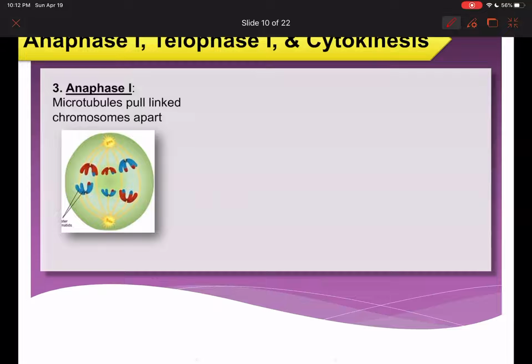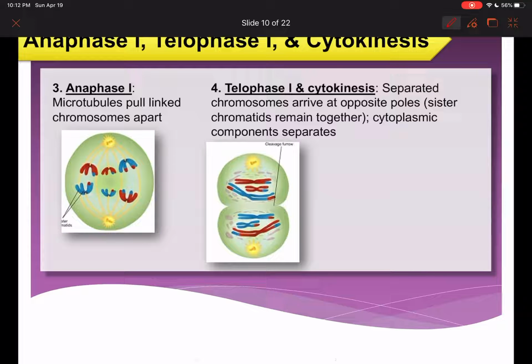The rest of meiosis 1 goes through the same events as mitosis, where you have anaphase 1, where the microtubules pull apart the chromosomes from the metaphase plate. Telophase 1 and cytokinesis are the same thing. You have your cleavage furrow formation with your actin filaments. Your separated chromosomes now arrive at opposite ends of the cell. The nuclear envelope starts to reform, and the cytoplasmic components will finally pinch off from each other to create two new daughter cells with their own individual chromosomes inside.